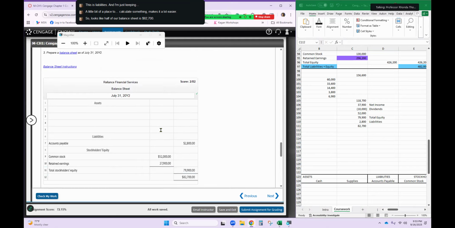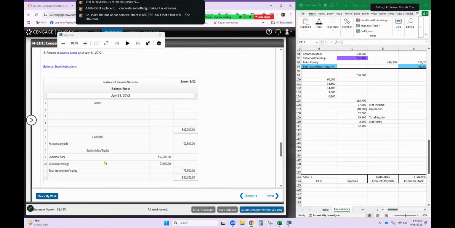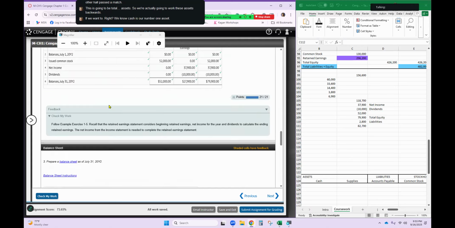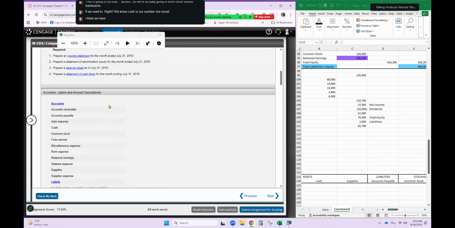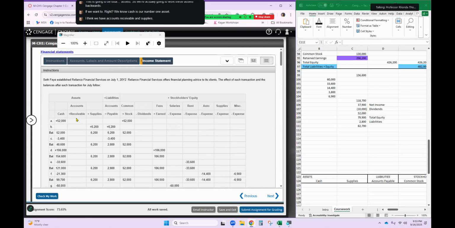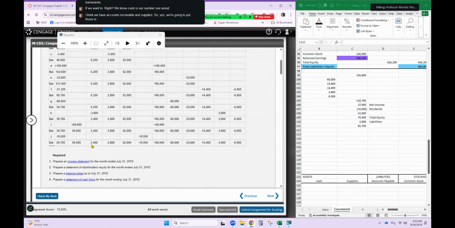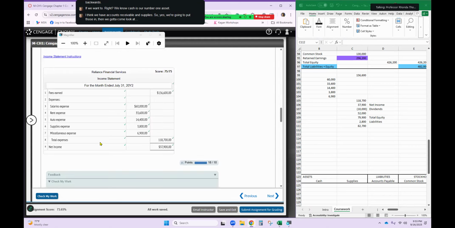So if that's half of it, the other half has to match. This is going to be total assets. So we're actually going to work these assets backwards if we want to, right? We know cash is our number one asset. I think we have accounts receivable and supplies. So yes, we're going to put those in, then we've got to look at the balances.